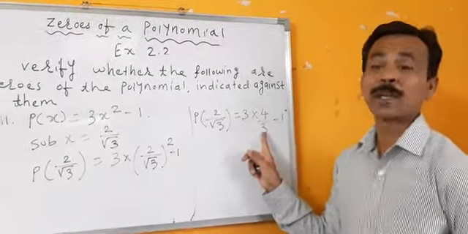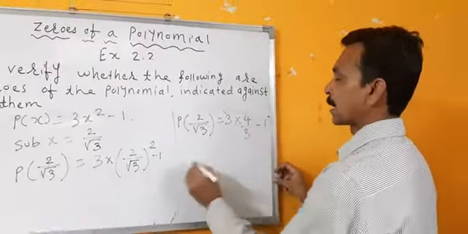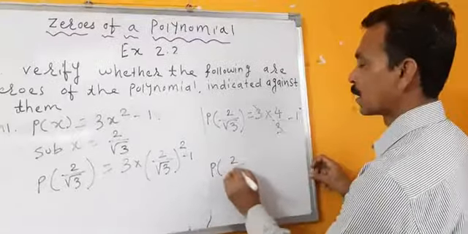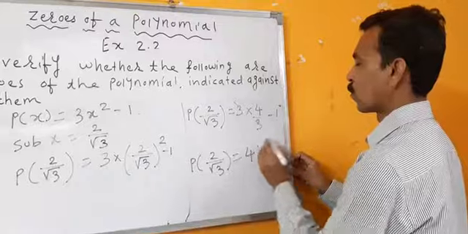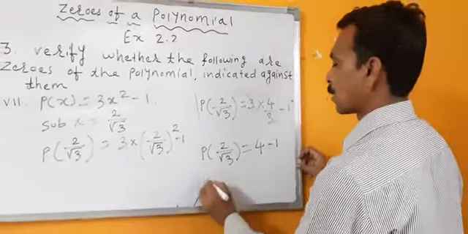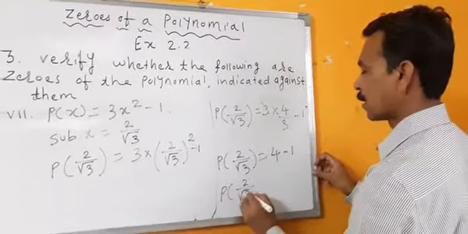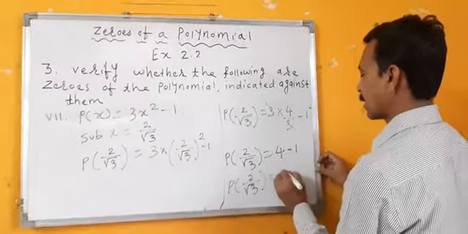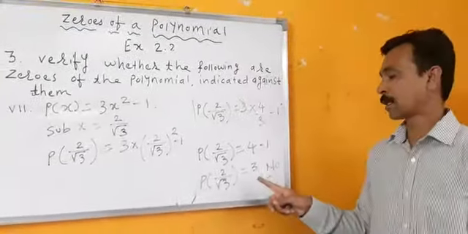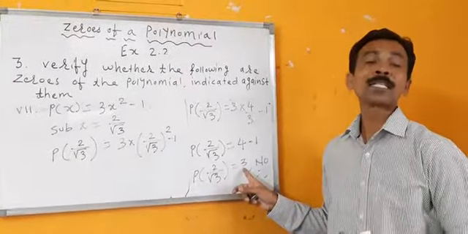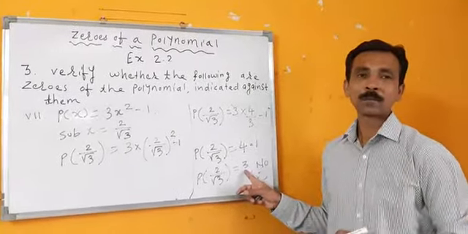That is why root 3 square is 3. 3 gets cancelled. P of 2 by root 3 is equal to 4 minus 1, what is left? 3. So the answer will be no. What is the reason? Because the remainder is not 0. Clear?